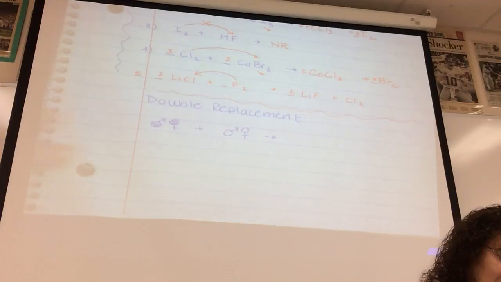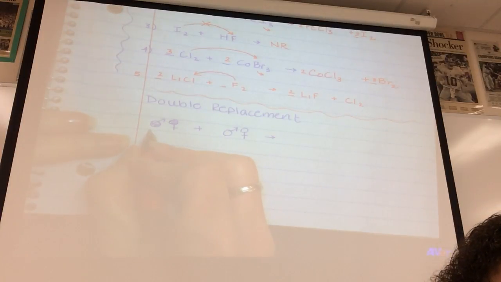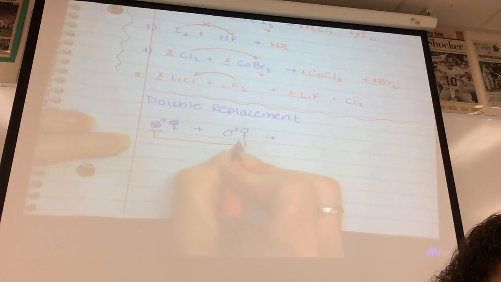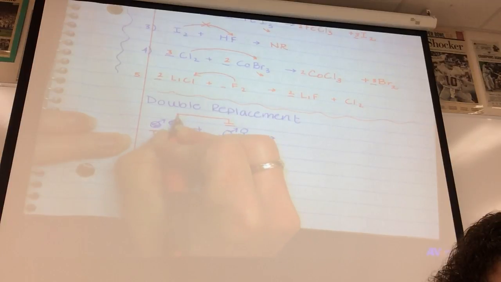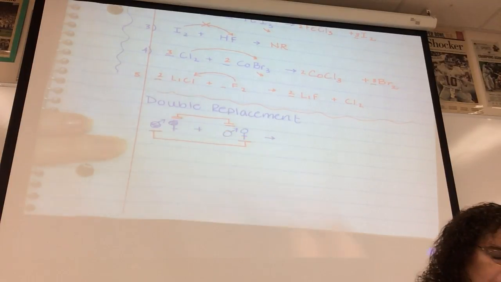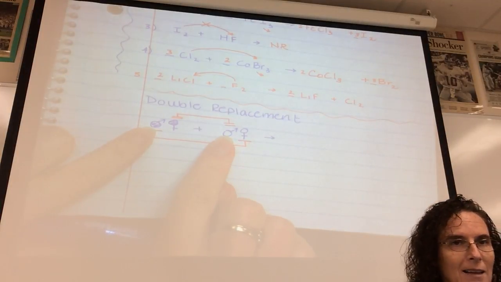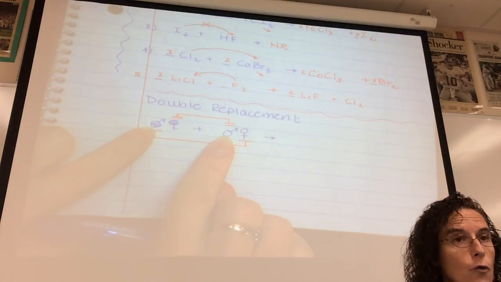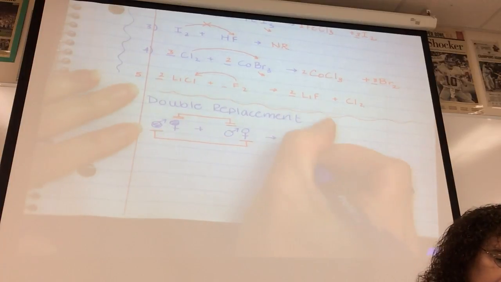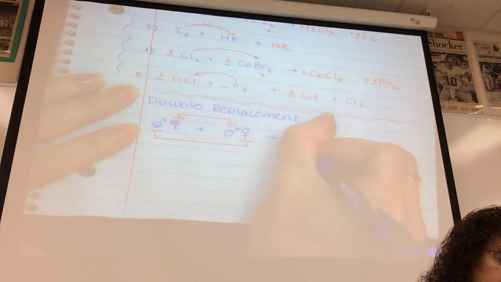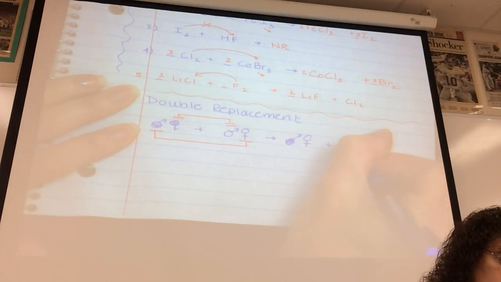This boy is going to dance with this girl, and this boy is going to dance with this girl. Now the boys are going to represent the metallic cations, so they'll always go first when you're formula writing. So this boy dances with this girl, and this boy dances with this girl.